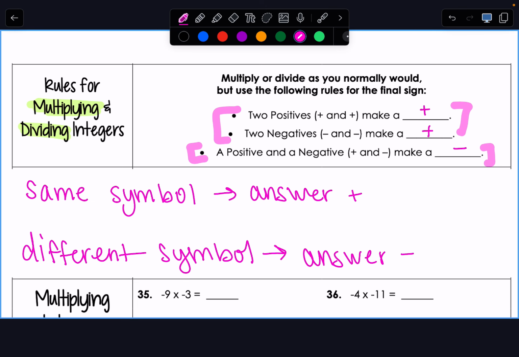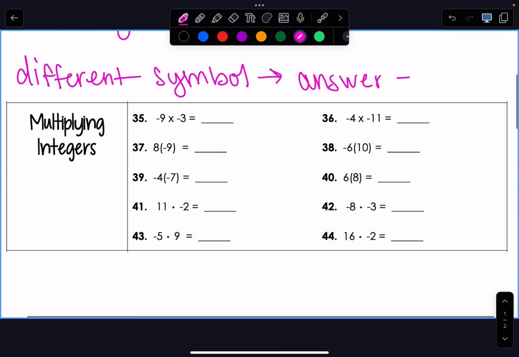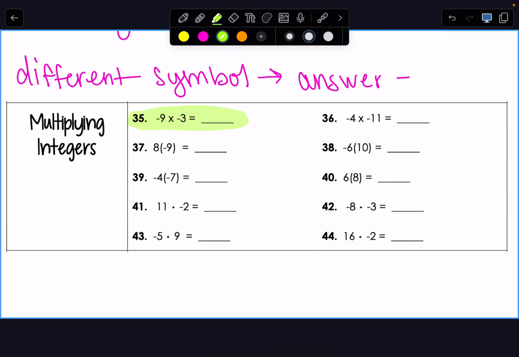Okay? So we're going to come down to multiplying integers, this chunk of problems right here. I am looking at this problem right here. What's true about the signs of our two numbers? Okay, they're the same. They are both negative. So if they are both negative, what's going to be true about our answer? It's going to be positive, okay?